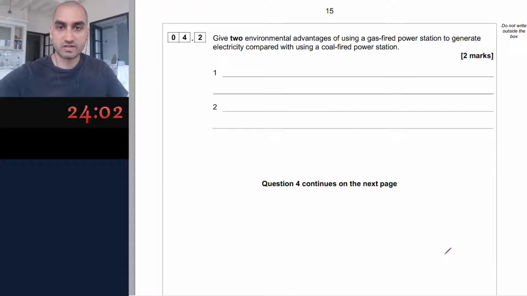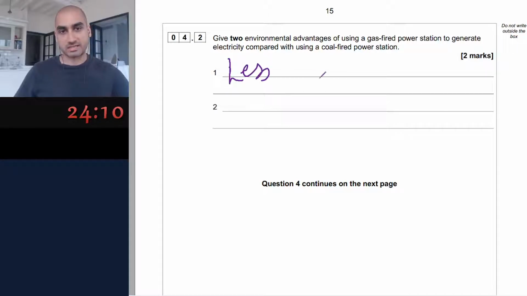Give 2 environmental advantages of using gas, then. Less, it's always going to be less pollution, isn't it?